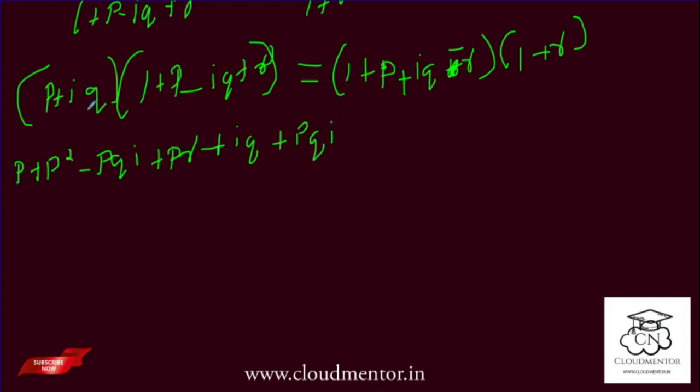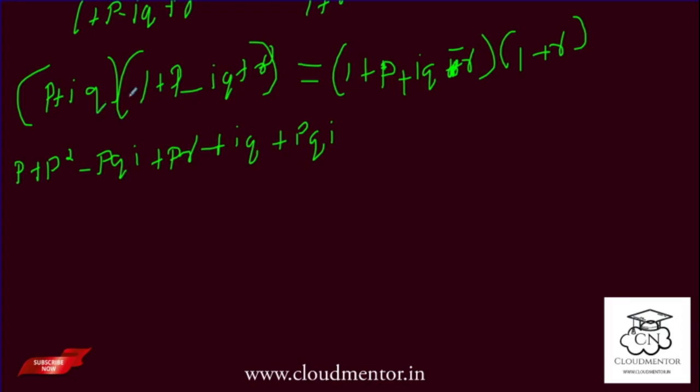and iq of r, that will be iqr, right? Yes, p I have given q here, that is q.